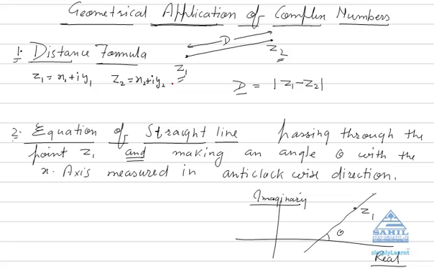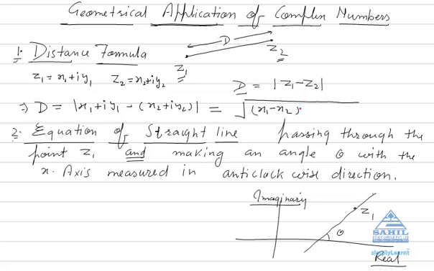Then if you apply the values in the formula, d is equal to modulus of (x1 plus iota y1) minus (x2 plus iota y2), and that will become the square root of (x1 minus x2) whole square plus (y1 minus y2) whole square.